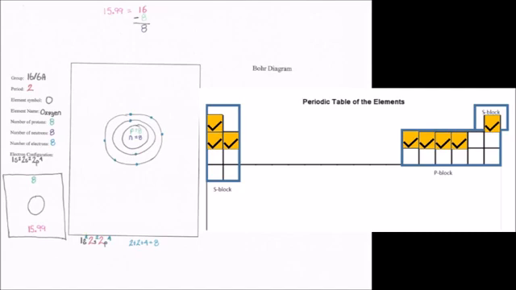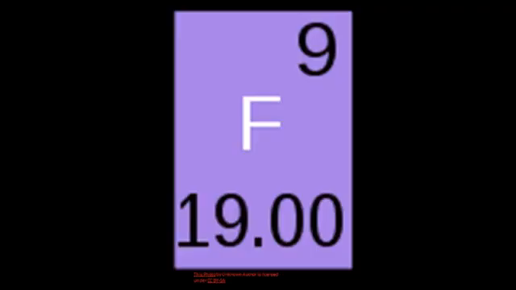So my electron configuration for this is going to be 1s2, 2s2, 2p4, and in our Bohr diagram, 2 shells. The first shell is going to hold 2, and my second shell is going to hold 6. The next element in the periodic table is fluorine.